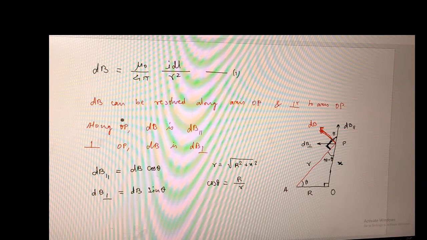Now regarding sin theta, before going to sin theta, let me tell you one more point here. If you analyze it, see, this is my loop, right? This is the loop which is carrying current I, and we have taken this element, this dl element, along with this I. The direction is in this direction, which is tangential, right?